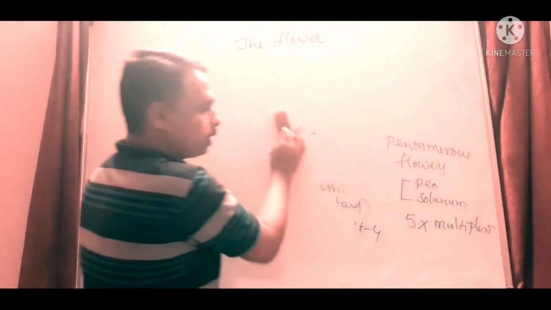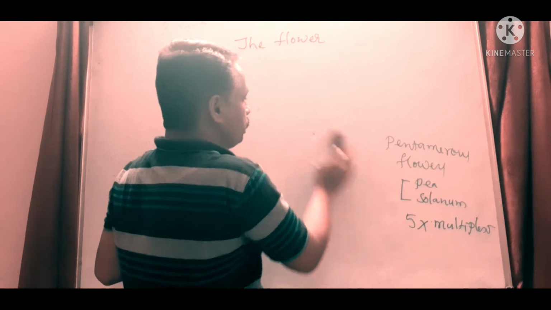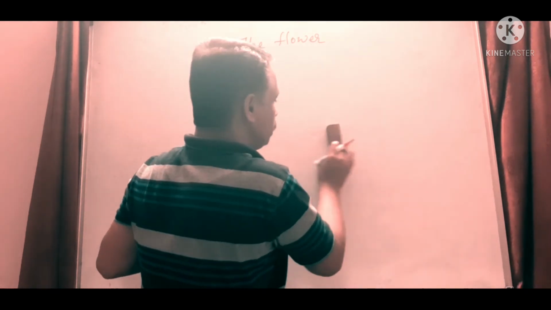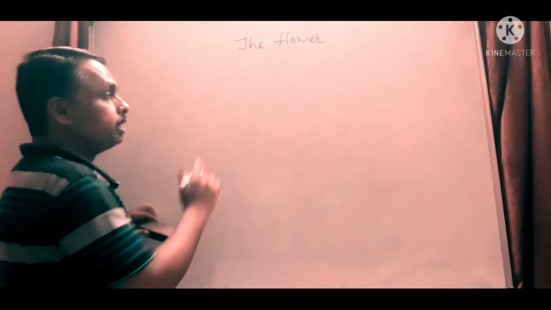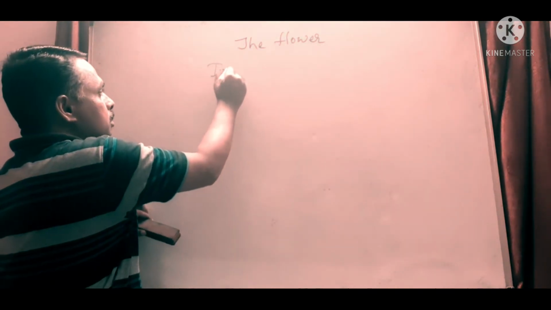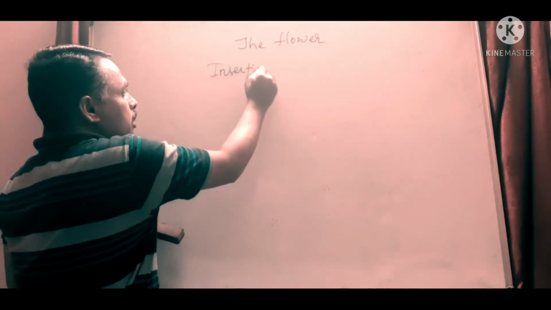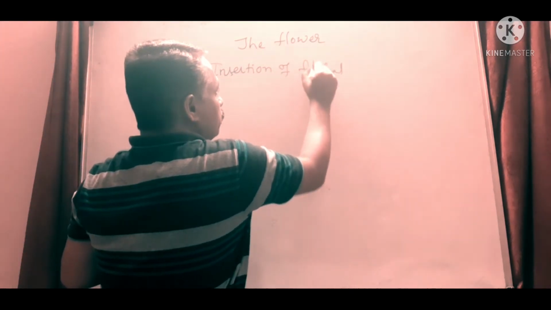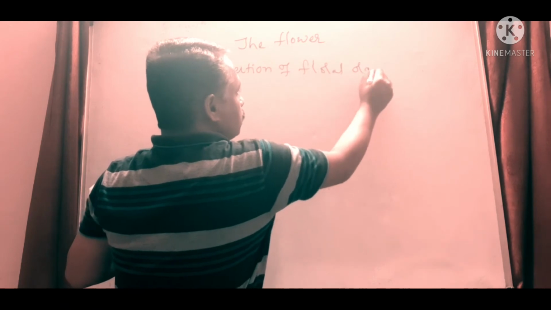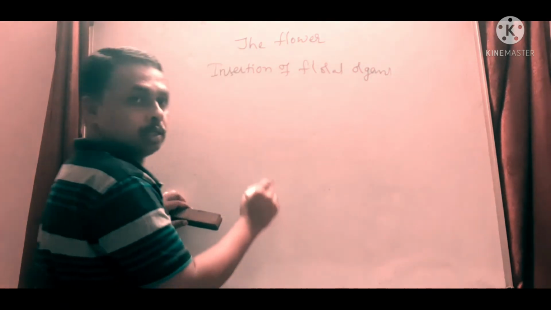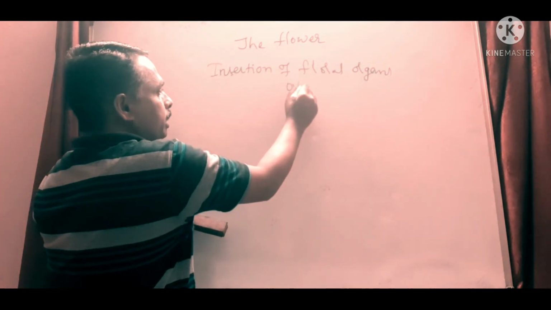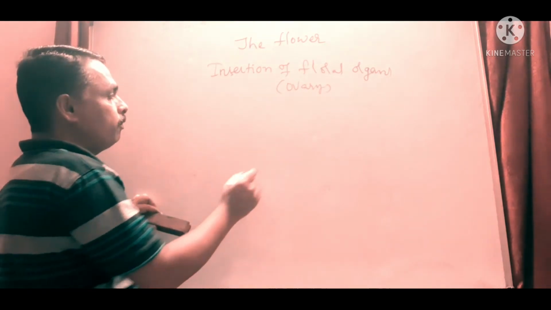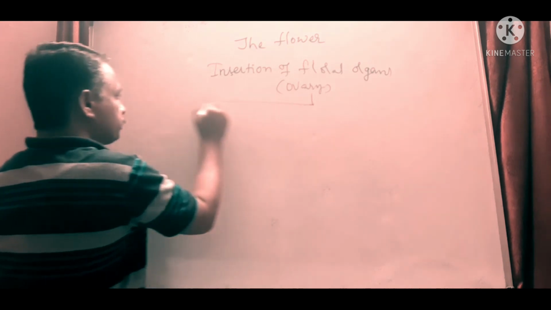And the next one is insertion of floral organs based on the position of the thalamus, based on the position of gynoecium. Insertion of floral organs based on the position of ovary or gynoecium. Based on this, we have 3 categories again.